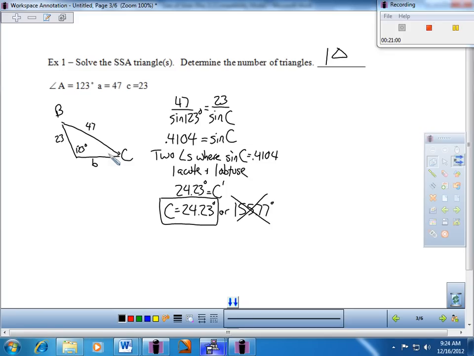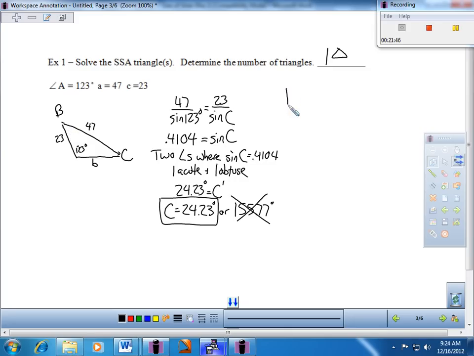Now everyone, what I think we need to do is just go ahead and put this together. As a matter of fact, I think I'll go over here, and now we go ahead and use law of sines to finish it up. Oh, actually, I'm sorry. Let's do this first. I have 123 degrees, and I do have the 24.23 degrees, and I think now we would get this to go to 180. So let's do that piece.